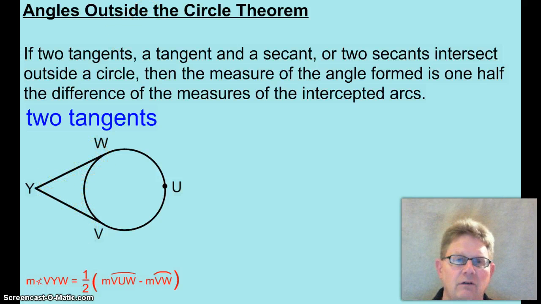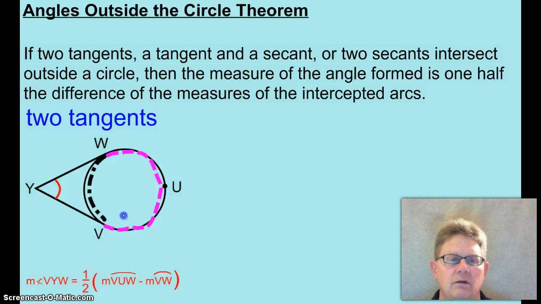The measure of this angle is half the difference. You take the measure of major arc VUW, and from that you subtract this minor arc right here. Subtract those two and then divide by 2 or multiply by 1/2, and that is the measure.